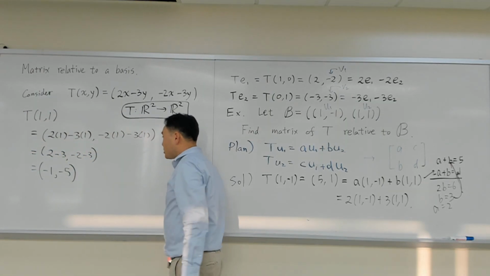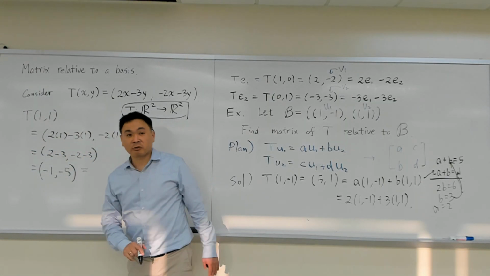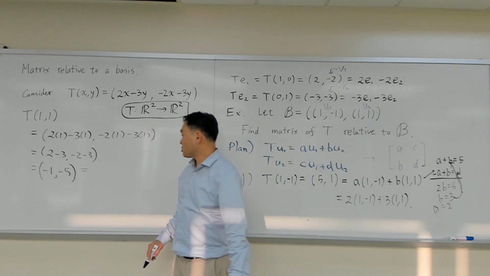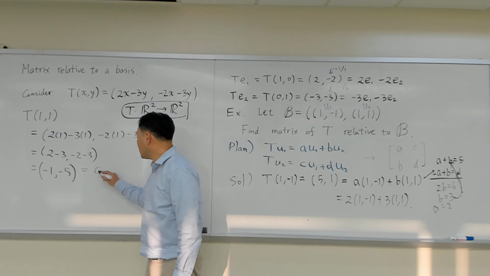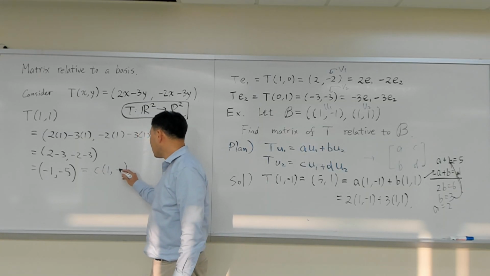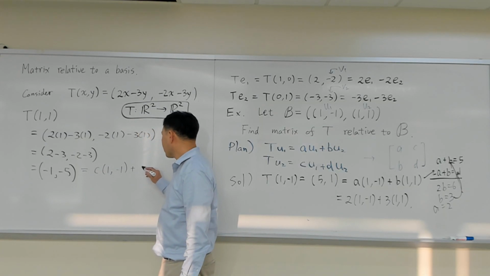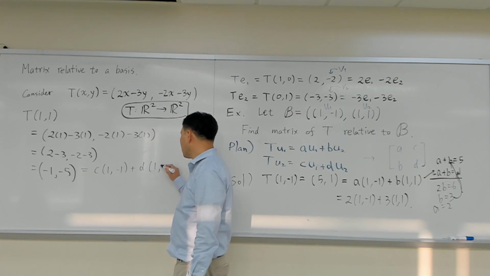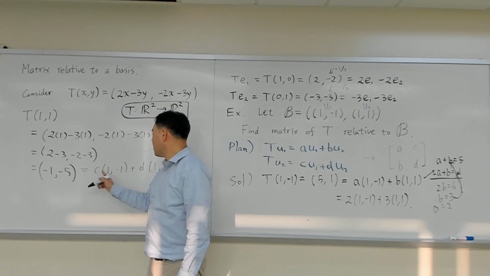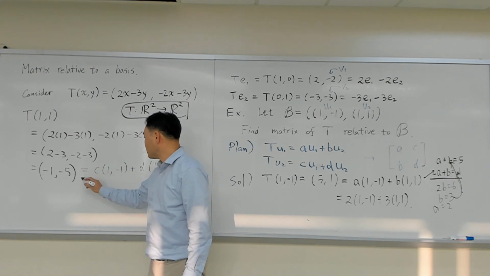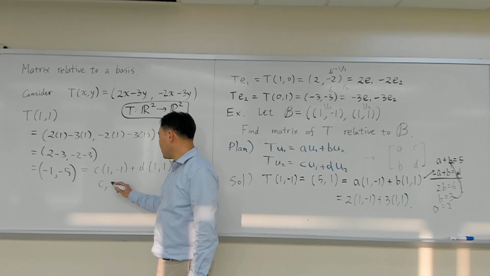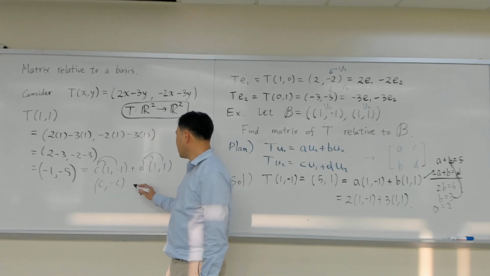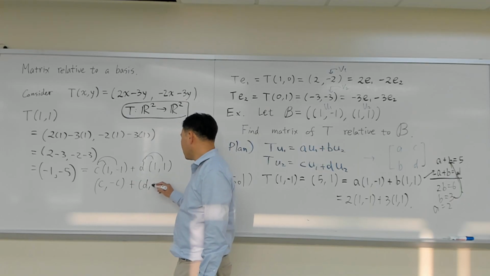But we don't stop there. In order to get the matrix representation relative to the basis B, we have to write it as a linear combination of our basis B. So the basis B is 1, negative 1, and 1, 1. Simplify this, what is this? C, negative C. If you multiply C here, multiply D here, so D, right?